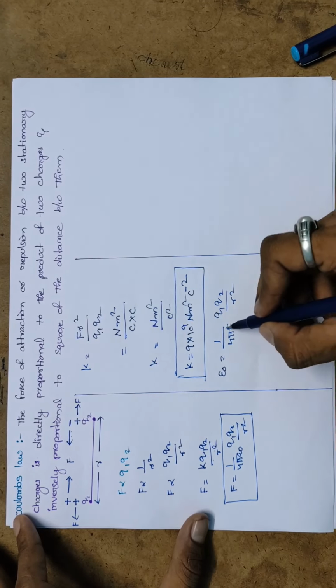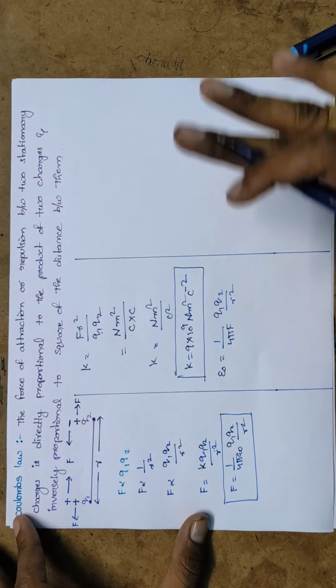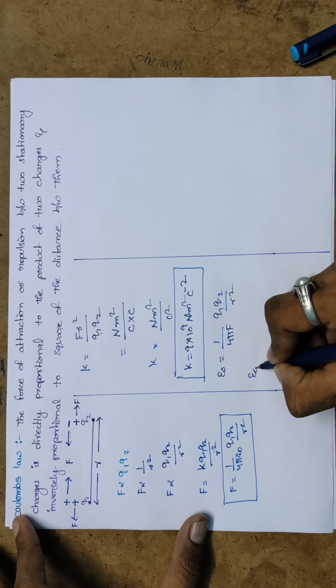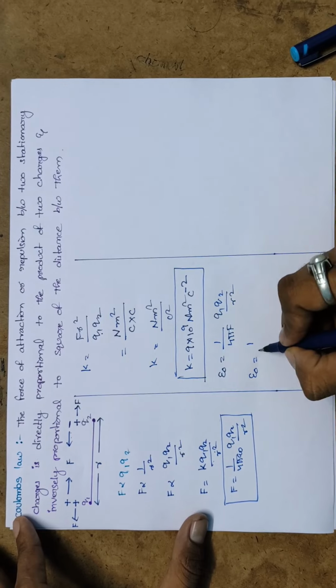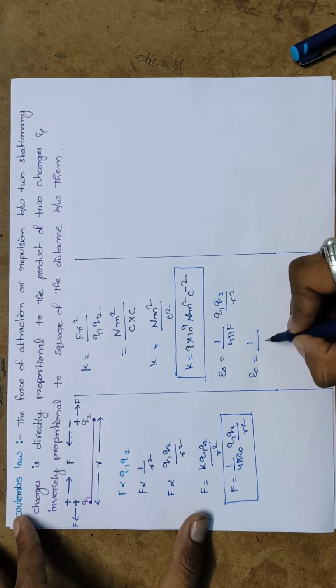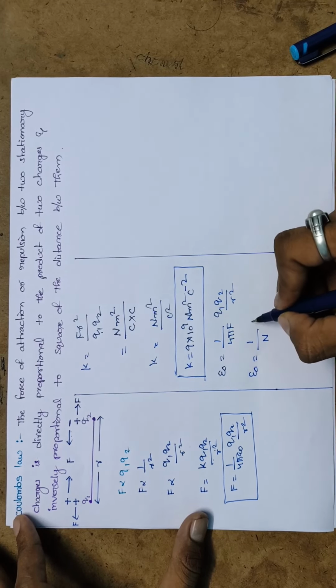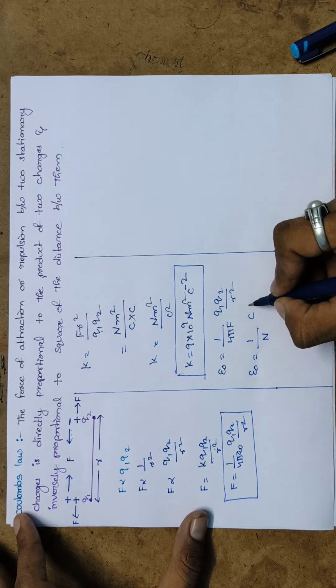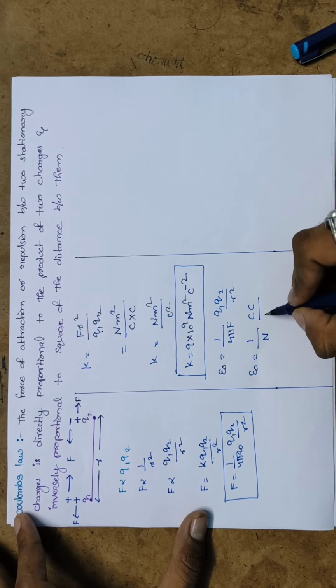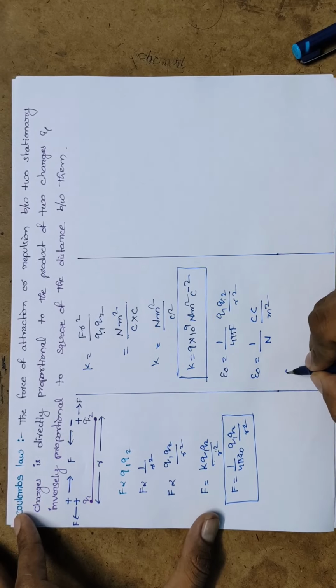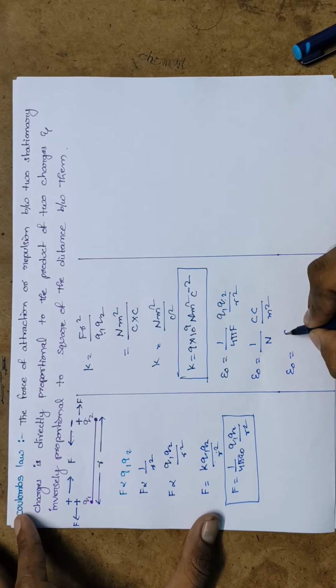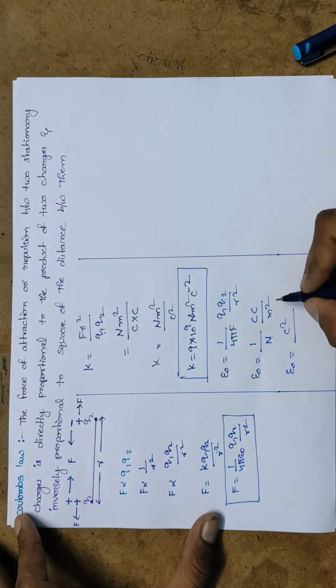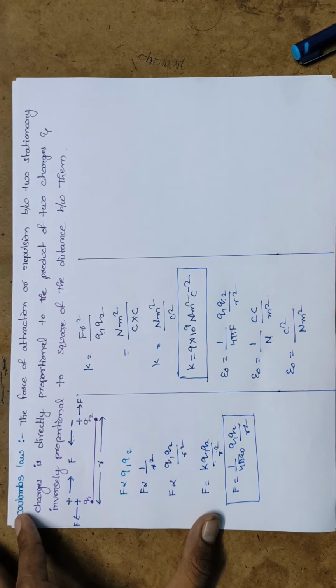Here 4 pi is a constant, it has no SI unit. So epsilon naught is equal to 1 by the force, having SI unit Newton, the SI unit of charge is Coulomb, again charge means Coulomb, divided by meter square. So epsilon naught is equal to C square divided by Newton meter square.